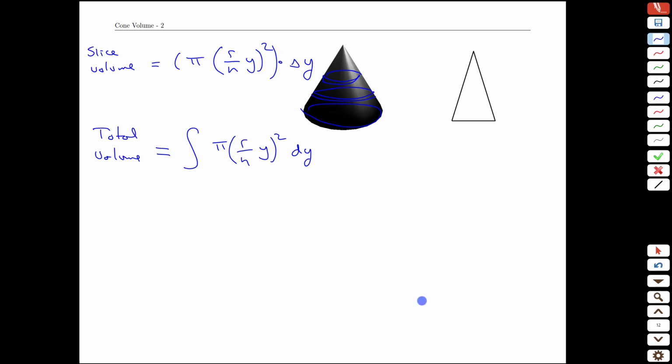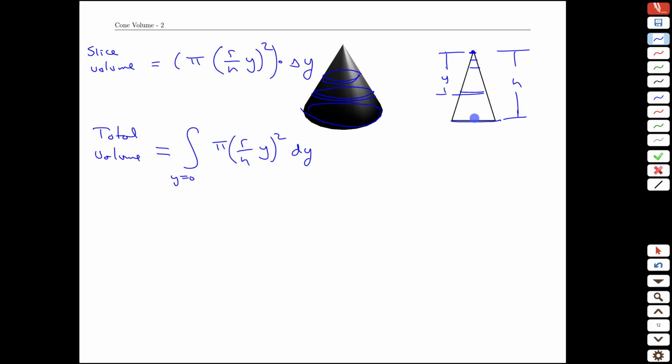Now if we redefine our variables for a moment, we're taking a slice at height y. The entire height of the cone is h. And so our first slice would happen at y equals 0. I could imagine if y was nothing, I'd be at the tip. I could take a slice there. And then I would use y larger and larger.